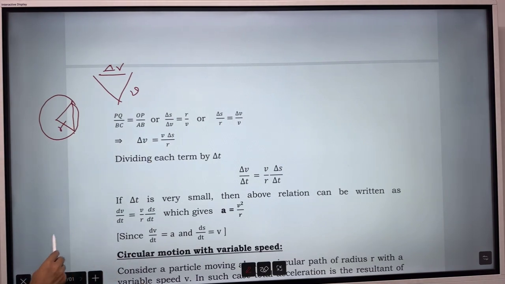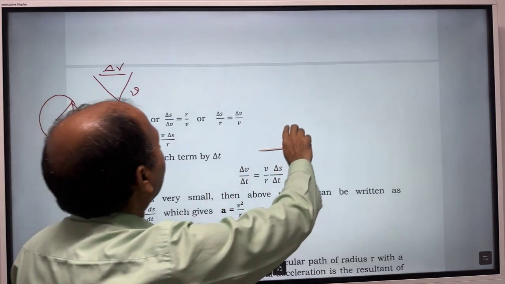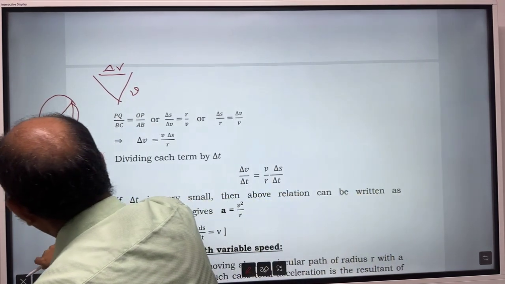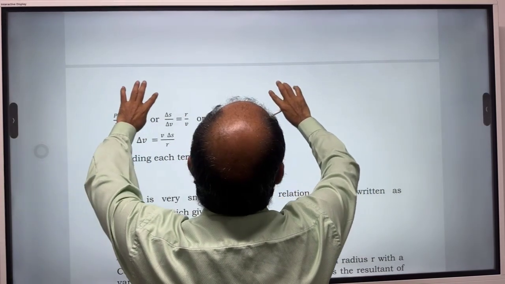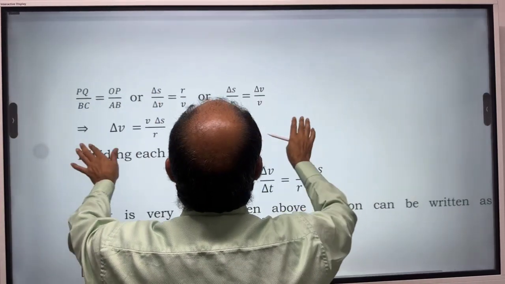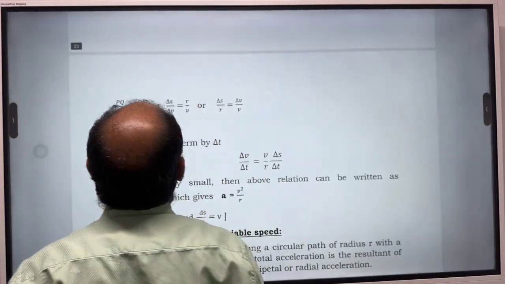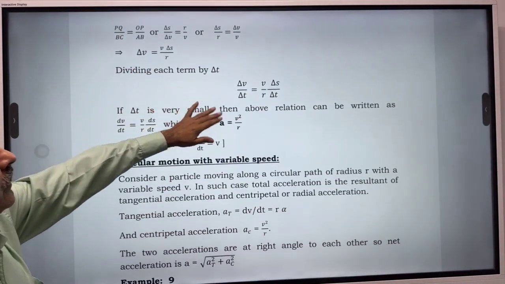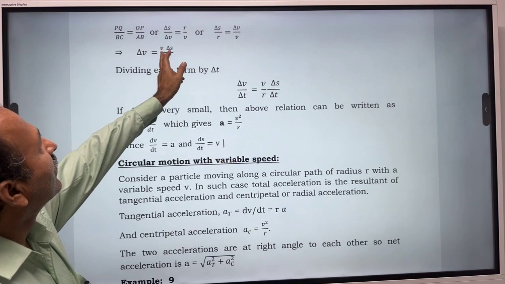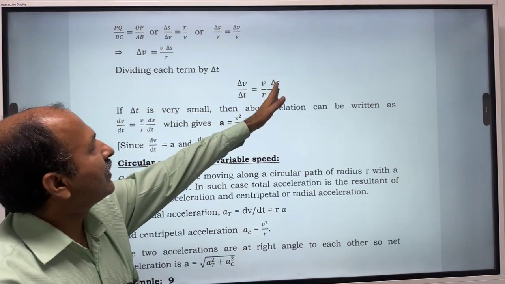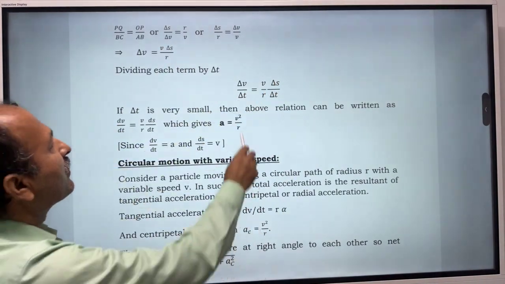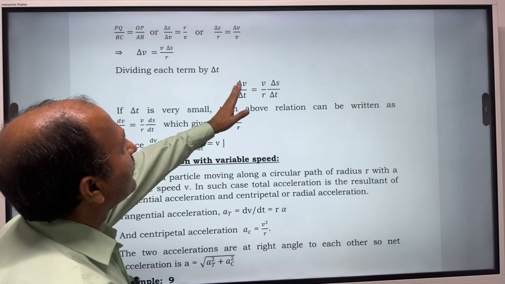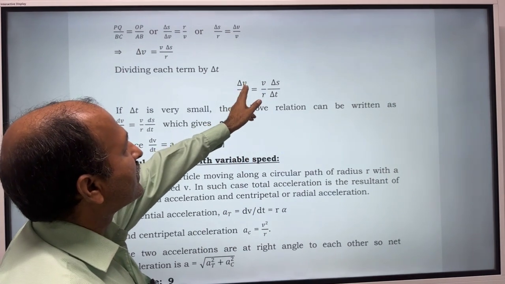Now what we can do is divide both sides by delta T. So delta V upon delta T equals V upon R, which remains as it is, times delta S upon delta T. If you remember, if the time interval is small, then delta can be written as d.